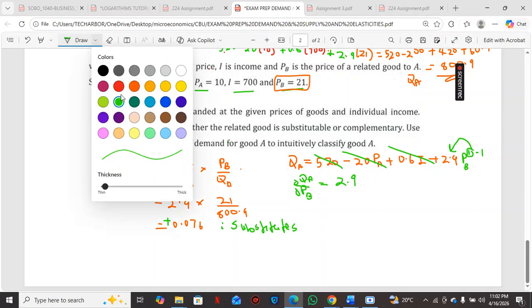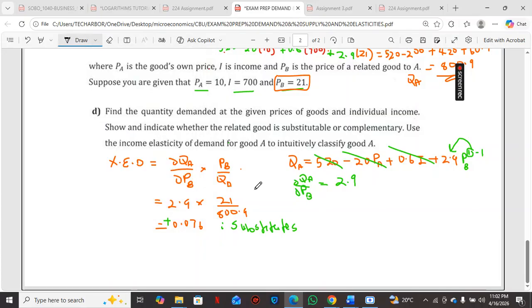Okay. Income elasticity of demand. How quantity demanded of a good responds to changes in income. Okay. So income elasticity of demand is YED. A positive income elasticity of demand, normal goods. Your income increases, you buy more of that good.